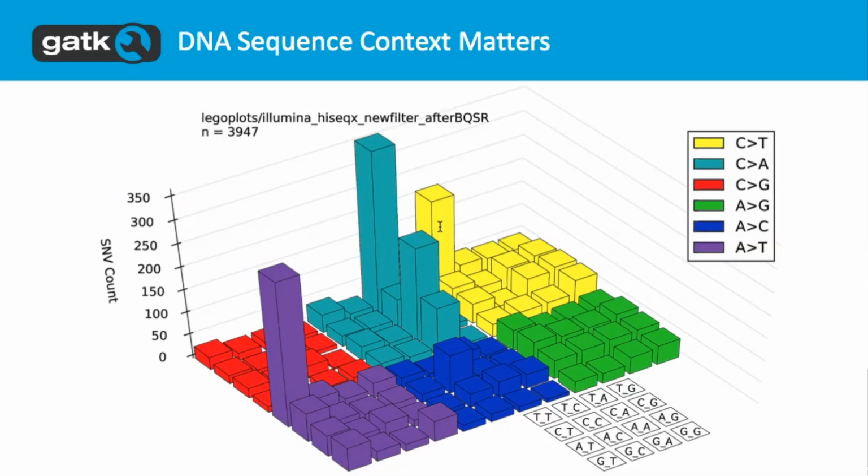So for example, this big yellow bar is a C to T SNP, in the context where the surrounding base is a T, so it's a poly T region, which is harder to call. So the point is that it would be nice to take advantage of this information in order to do variant filtering.